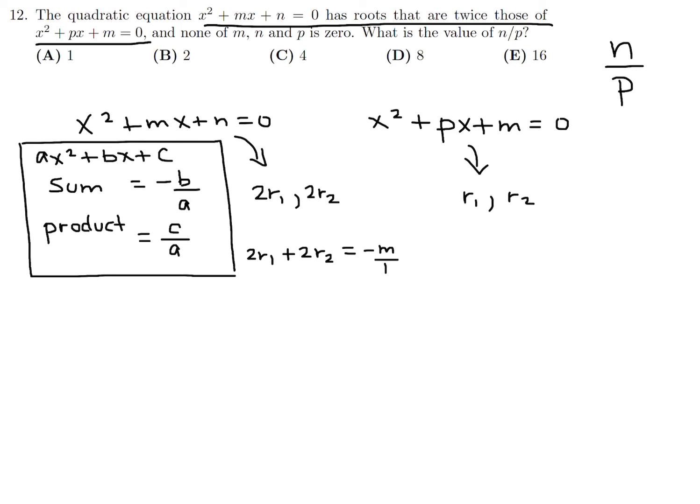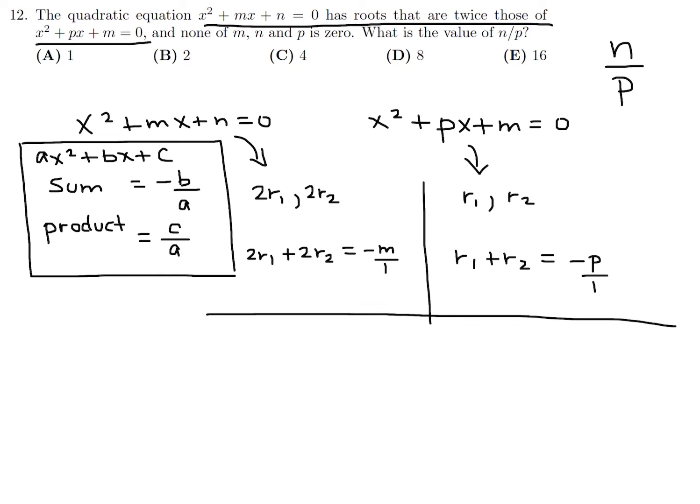That's about as far as we can go there. Now let's apply the exact same rule for this equation. The sum of the roots here is r1 plus r2, and it's minus b over a. So what's minus b over a here? It will be minus p over 1. And that's as far as we can go there.